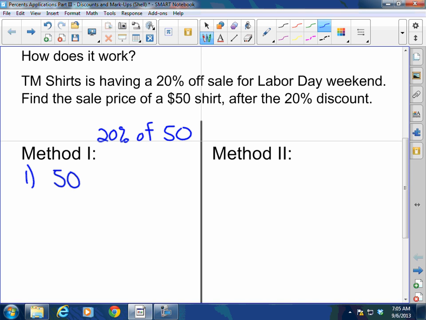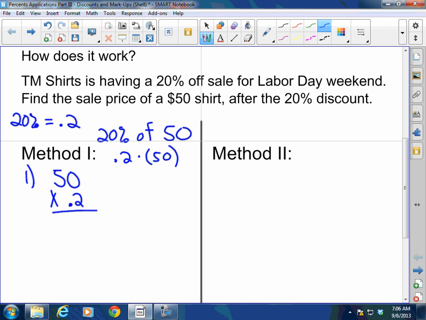That's going to be 20 over 100, correct? Or 0.2 times 50, right? So I'm going to multiply 20% times 50. Whenever I'm multiplying percents, I have to turn them into decimals. Remember that. So 20%, if you forgot, two places to the left, that's 0.2.